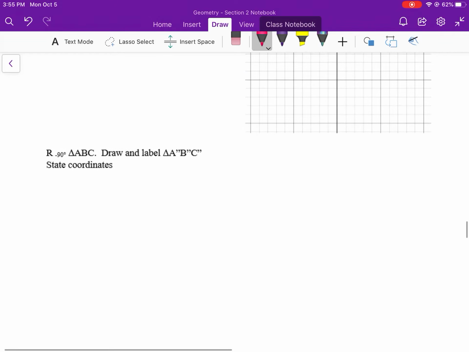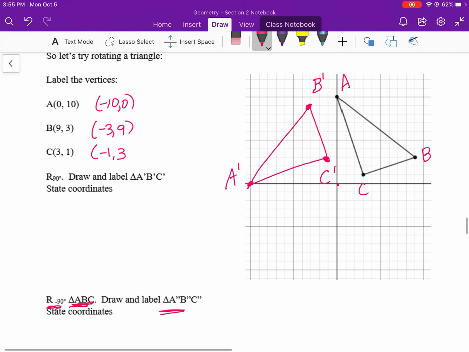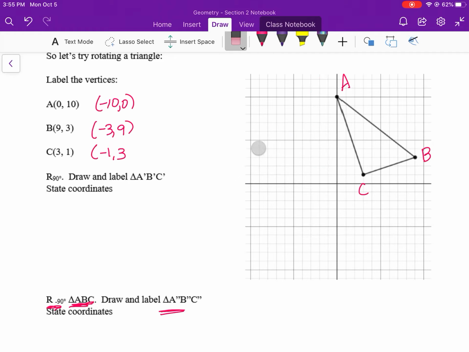Okay, so now I got one more to try. Now I'm going to try to take triangle ABC and rotate it -90, and I'm going to do that on the same set of coordinate axes here. Okay, well, I'm going to erase what I just did because it's going to get way too cluttered, okay? So I'm going to take my original triangle and rotate it -90 degrees.